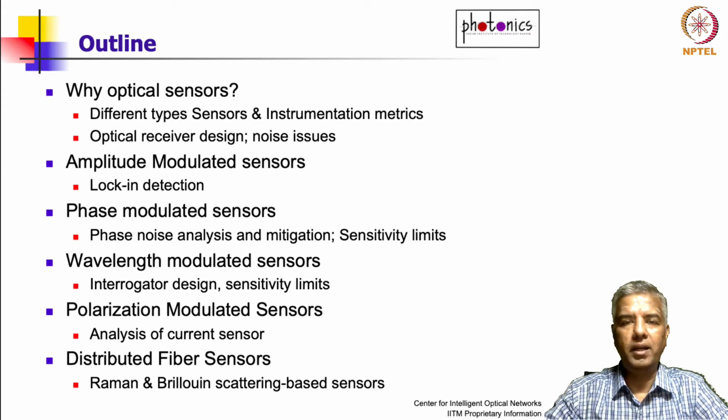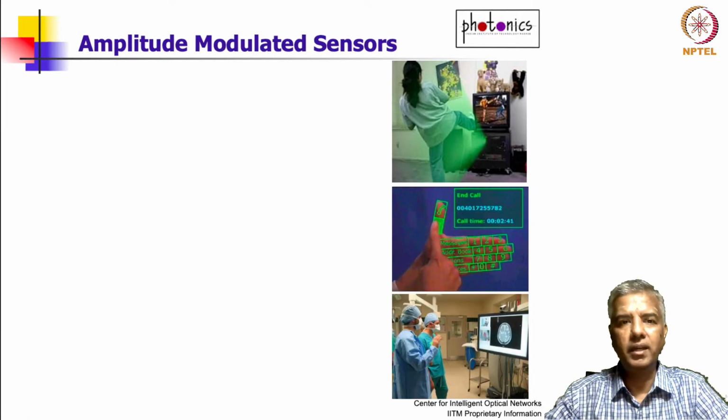So let me just go ahead and try to give you a feel for how to do sensing based on these parameters. So let's first consider amplitude modulated sensors, and you would see in the common literature that these are either called amplitude modulated sensors or intensity modulated sensors.